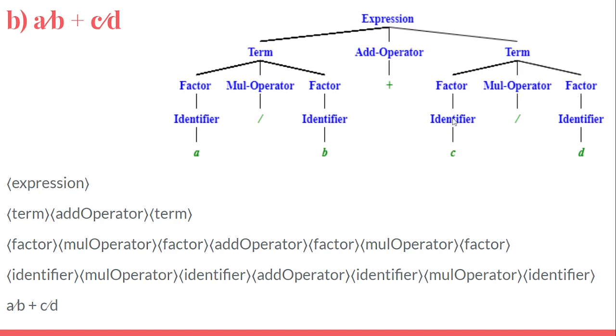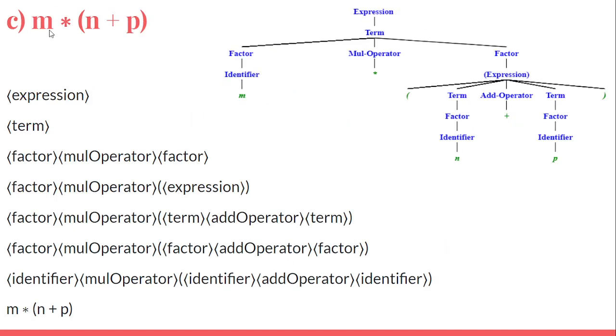The factor will be replaced with identifier, then with c. The other factor will be replaced with identifier and then with d. The multiply operator will be replaced by divide, and the middle add operator non-terminal will be replaced with the plus sign. So we get our string and it can be generated with our grammar. So this is a valid string.